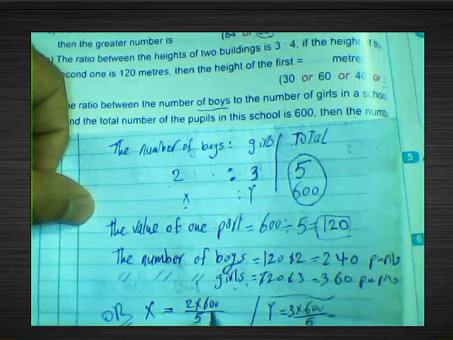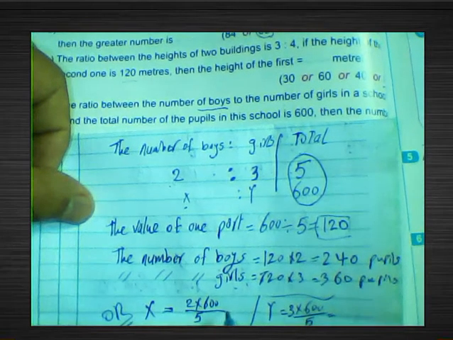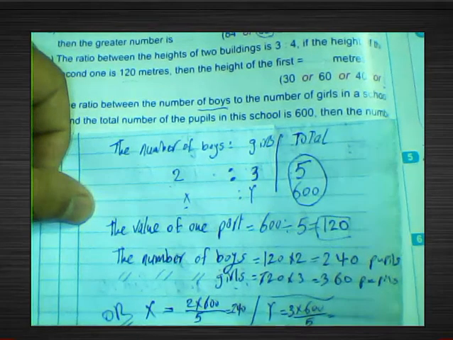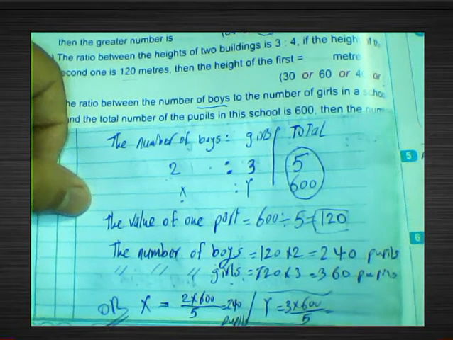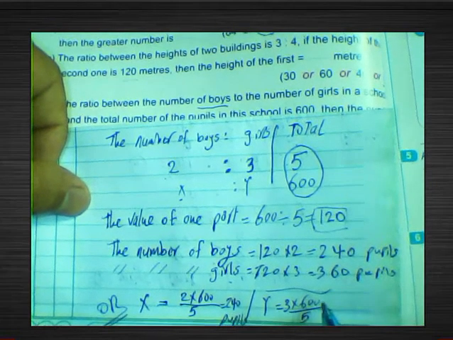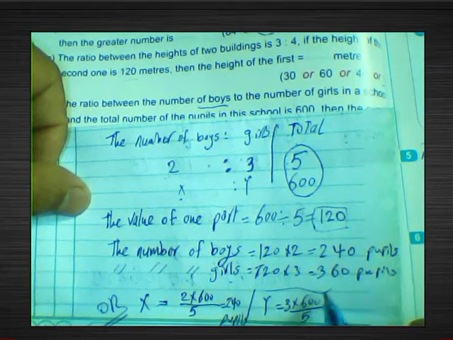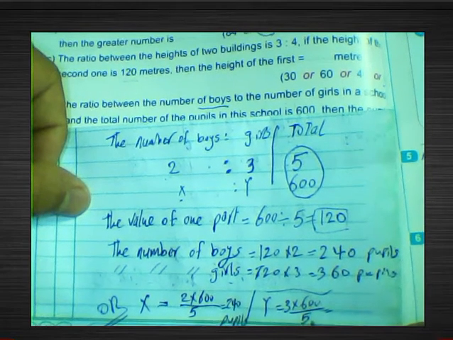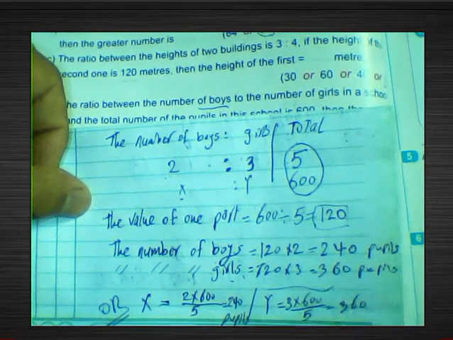The result: 600 divided by 5 equals 120, times 2 equals 240 boys, and 120 times 3 equals 360 girls.